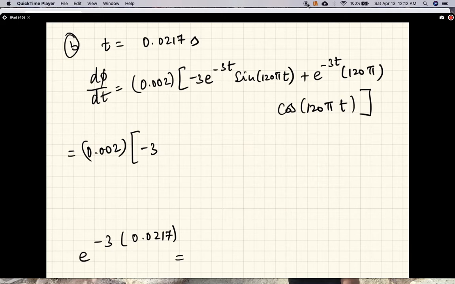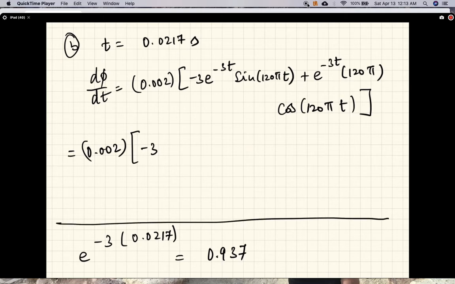The value of this exponential factor is 0.937.